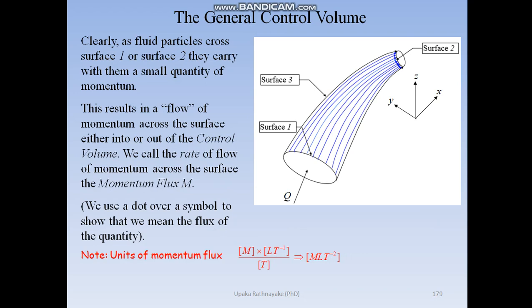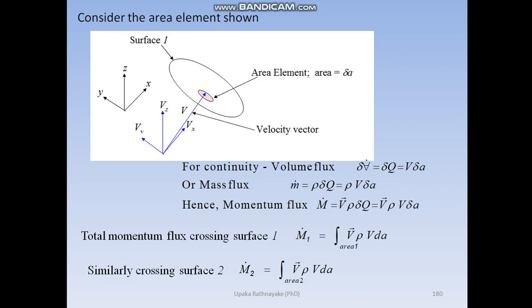We can do a bit of mathematics as shown here using the vectors, and obtain the momentum flux, or rate of momentum, m dot, as the integration over the area of v rho v dA.